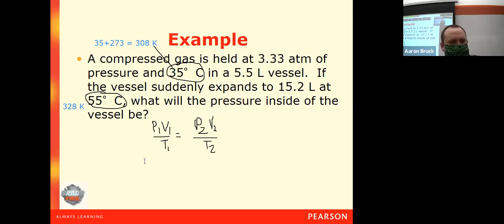So my initial pressure was 3.33 atmospheres. My initial volume was 5.5 liters. My initial temperature was 308 Kelvin.